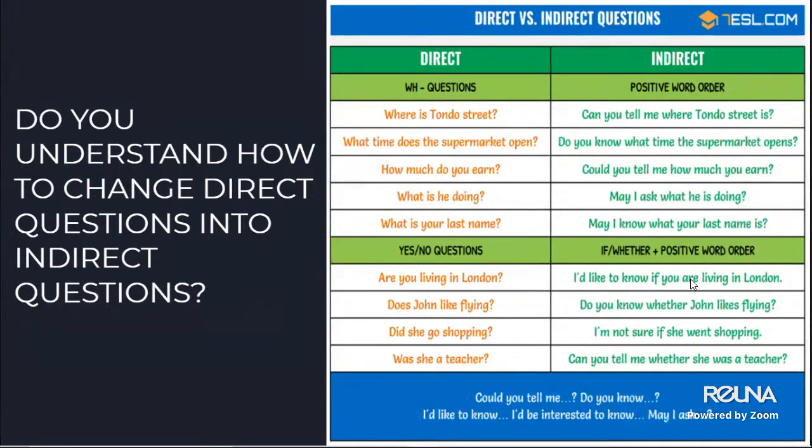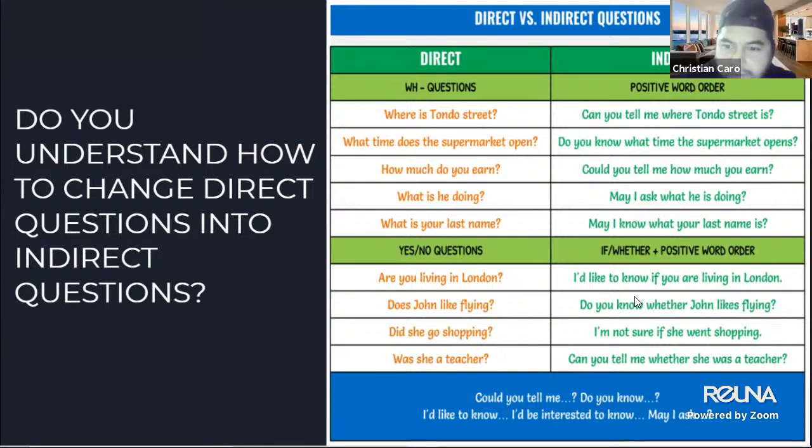And the second section, we've got short or yes/no questions in this case, without WH questions. Like, for example, are you living in London? Does John like flying? Did she go shopping? And was she a teacher? So in this case, we add as a connector if or whether. We keep, of course, the affirmative word order in this case.